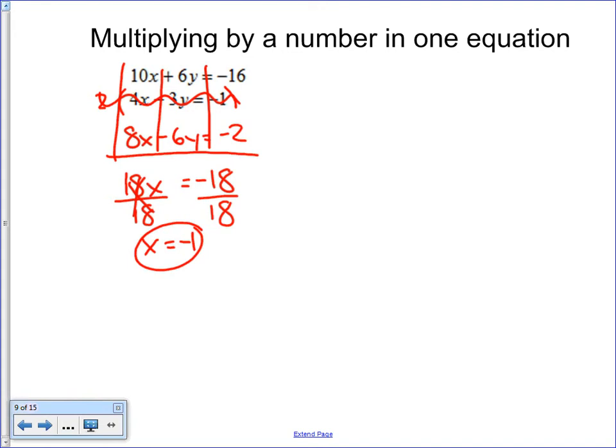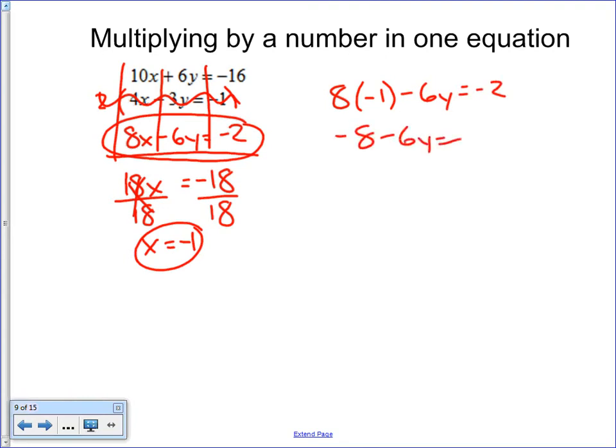And once again, choose one of the equations to plug that negative 1 in. Let's use this guy. So I have 8 times negative 1 minus 6y, and that equals negative 2. So 8 times negative 1 will give me negative 8, minus 6y equals negative 2.